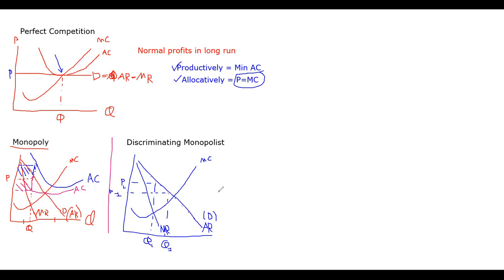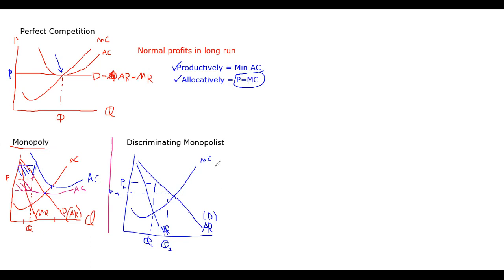But if you notice, the monopoly usually is productively inefficient, because it never really produces at these points where your AC is minimum. So it is productively inefficient. It's also allocatively inefficient because it's not pricing where P equals MC. However, when it implements price discrimination, the second price at least is closer to P equals MC.